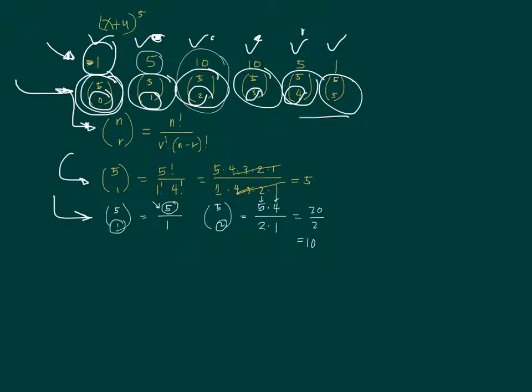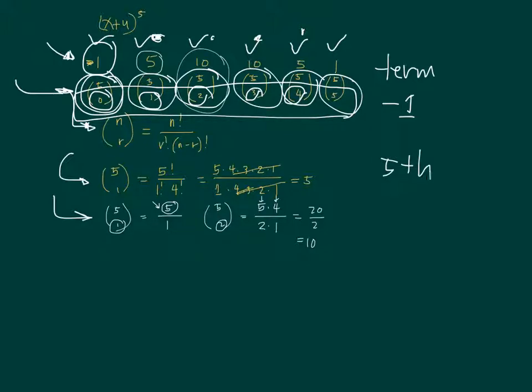So the number below is always 1 less than the given term. So on the fifth term, the value here is always 1 less than the given term, so 5, and then this is 4. So that will help you understand how to generalize the formula.